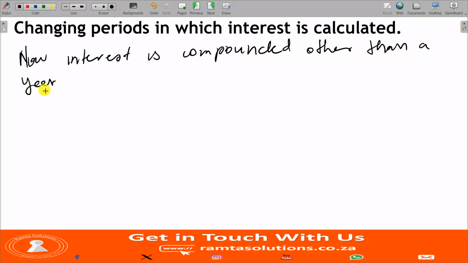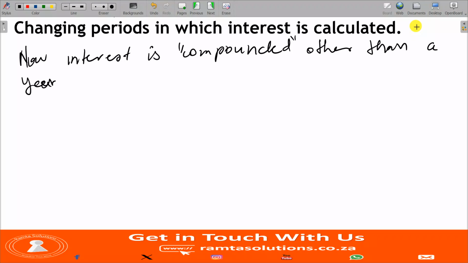I'm using the word compounded carefully, because normally you will see it as whatever percent per annum compounded. What I'm trying to say is that interest will be calculated or quoted other than once a year.